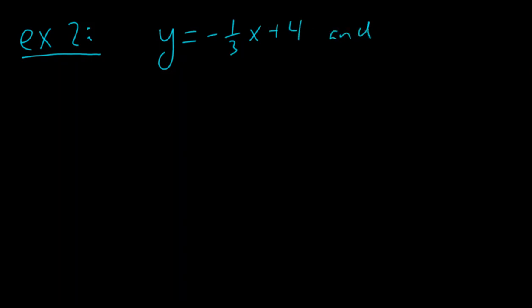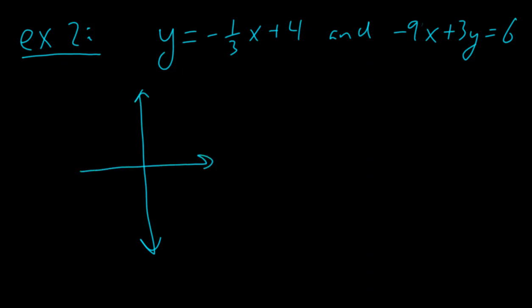And our second equation could be something like this. Let's do negative 9x plus 3y is equal to 6. Almost made a mistake, but I caught myself.